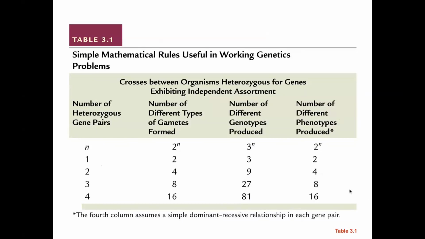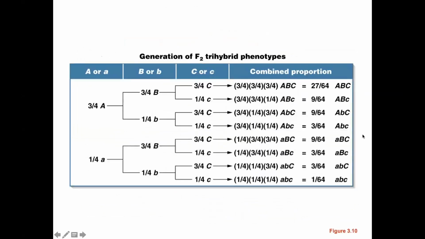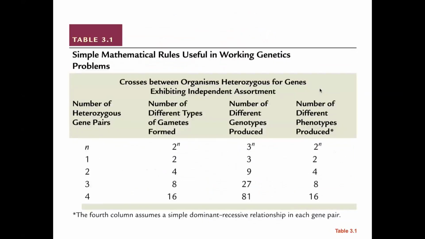Okay, what about the trihybrid? Well, the trihybrid, there's 8 different phenotypes. So that's what I showed you here. A total of 8 different phenotypes among the F2 progeny of that trihybrid cross. And more specifically, in a ratio of 27 to 9 to 9 to 9 to 3 to 3 to 3 to 1. Again, so there's a general pattern. So what about the tetrahybrid? It would be 16. So again, this is an exponential increase.